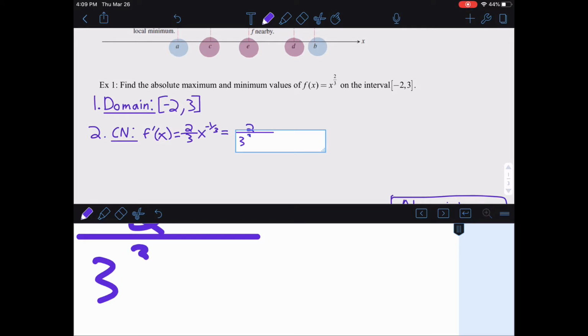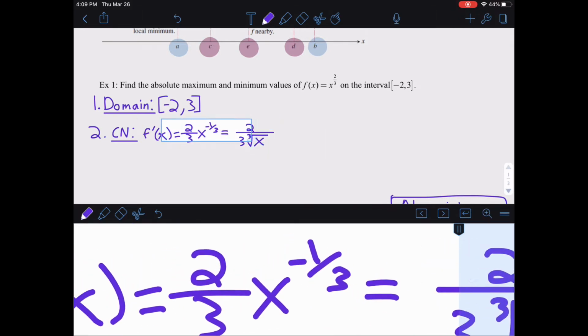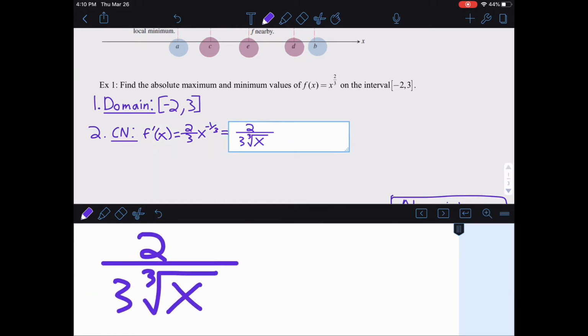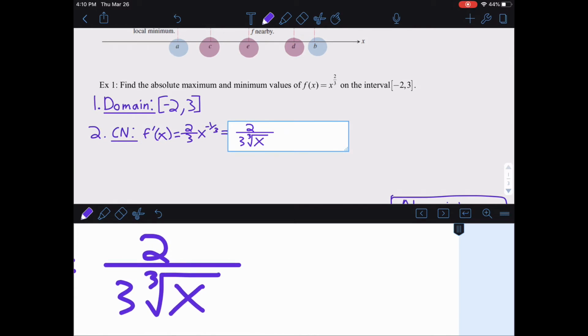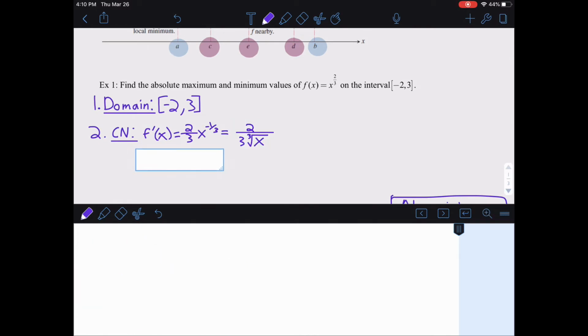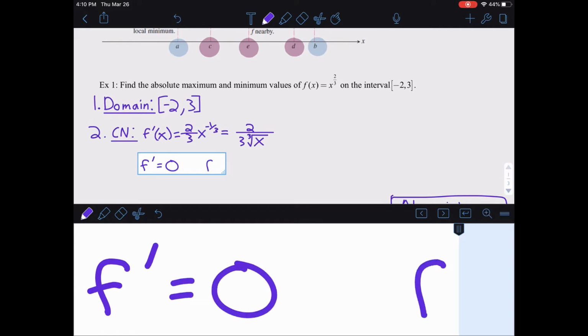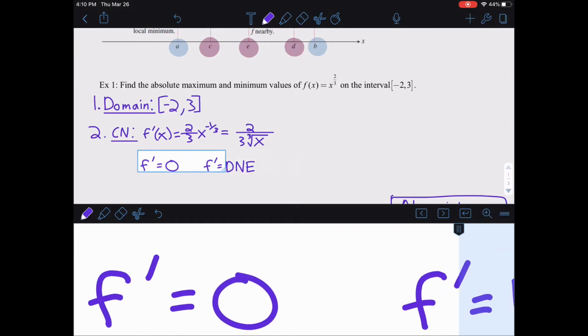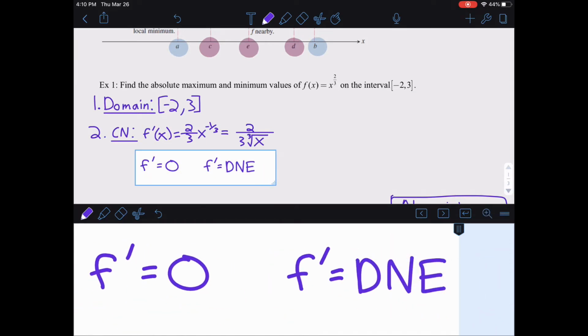That means the cube root of x. Right? Rational exponents. Okay, I actually prefer it to be written without a negative exponent because of what we have to do now, which is now we have to set f prime equal to 0, and we have to set f prime equal to does not exist, and now we have to solve.